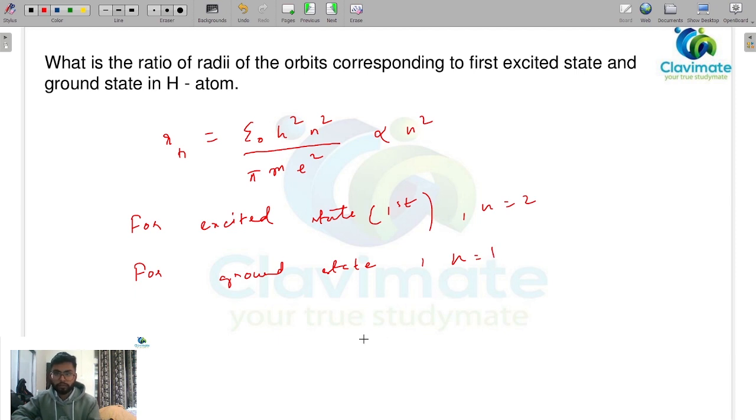So the ratio of radii of orbits, our R2 will be equal to 2 square is equal to 4, and R1 will be equal to 1 square, which is equal to 1. So therefore ratio will be given as R2 by R1 is equal to 4 by 1, or which is 4 is to 1.